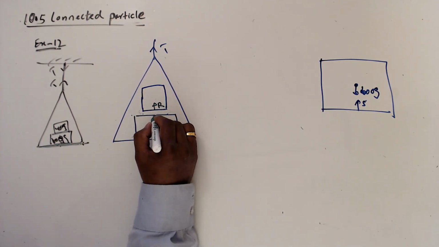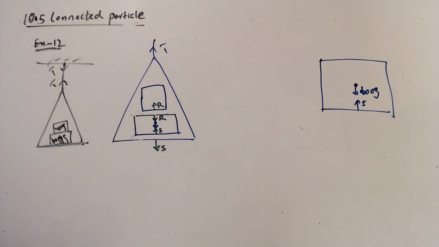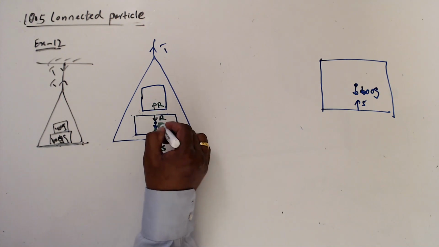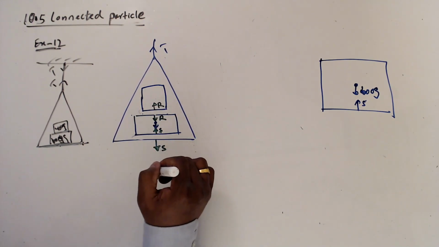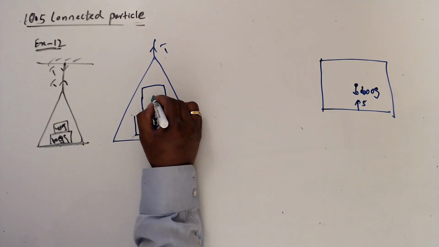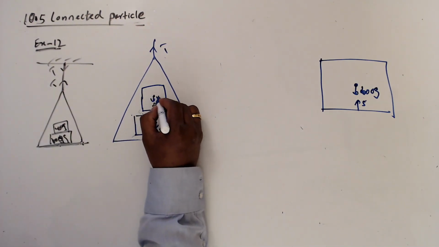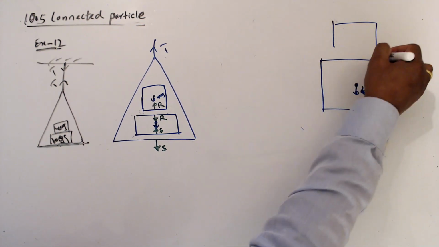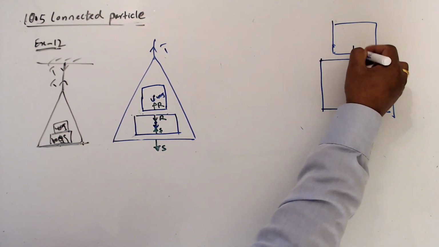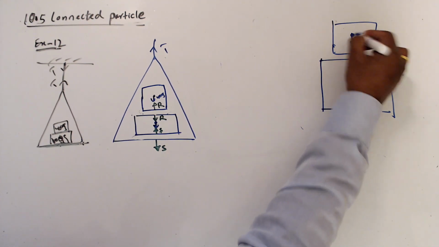So there should be another R on this one, because according to Newton's law, every action has an equal and opposite reaction. And also on this one, the weight should be there, 400 g, down from the middle.